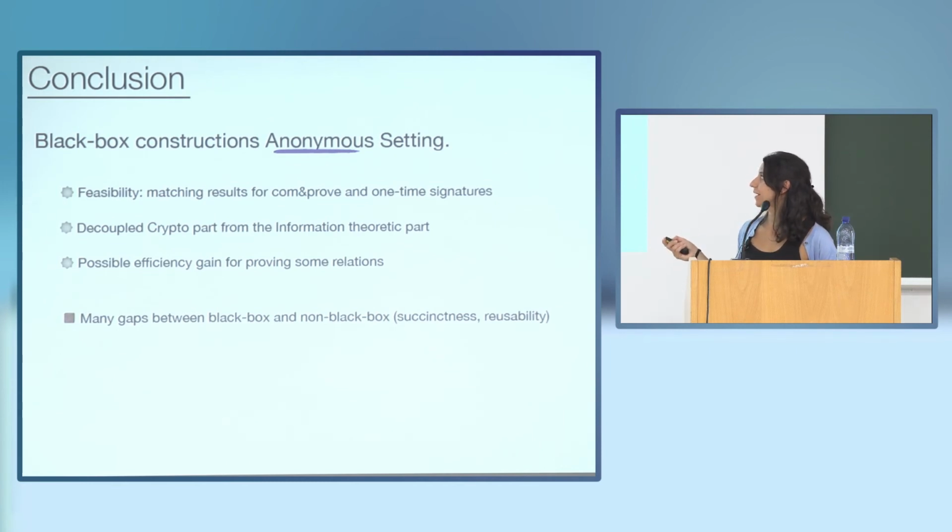I think the nice thing is that decoupling the crypto part from the information theoretic part can lead to more efficient proofs, also in the anonymous settings. Commit and prove has not really been explored from a concrete efficiency point of view; only the MPC in the head approach has. So maybe it's worth looking at how we can also get rid of the use of the circuit in the relation.